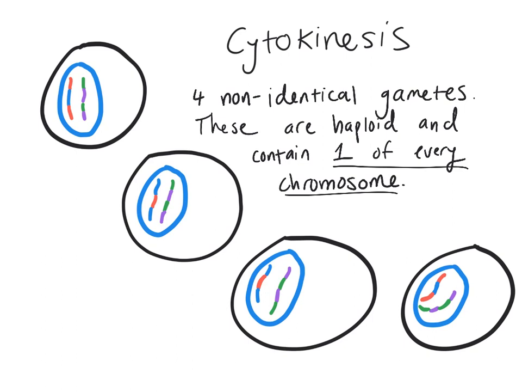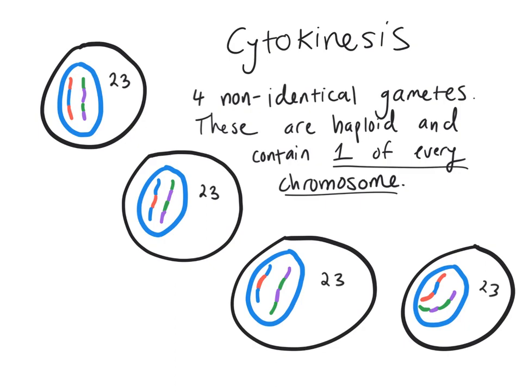There are no pairs. So each one has 23 chromosomes total. And that is going to make a lot of sense because when sperm fertilizes an egg, 23 in the sperm plus 23 in the egg is going to equal a 46 chromosome person.